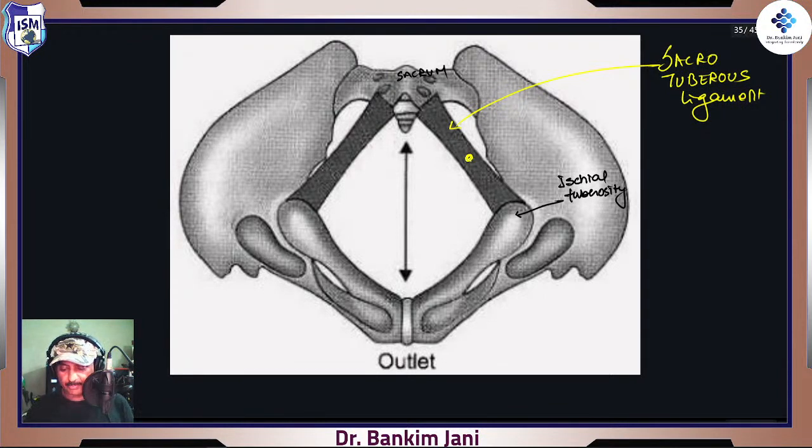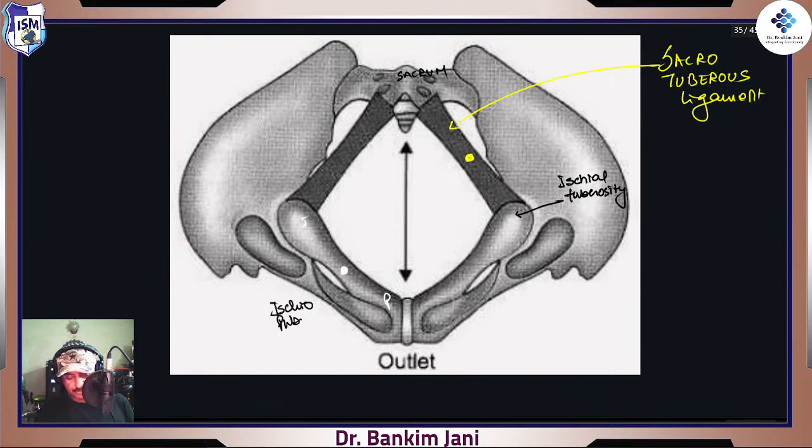Now take the midpoint of this sacrotuberous ligament, and over here, this is what? This is pubis, right? This is pubis and this is ischium. So it is the ischiopubic rami, or the ramus, right?